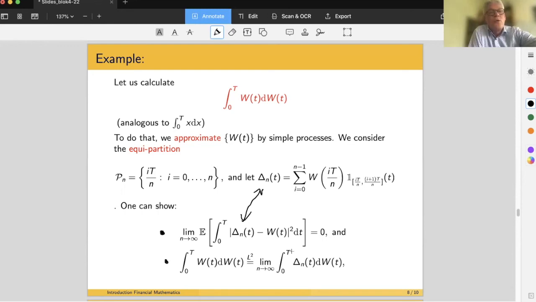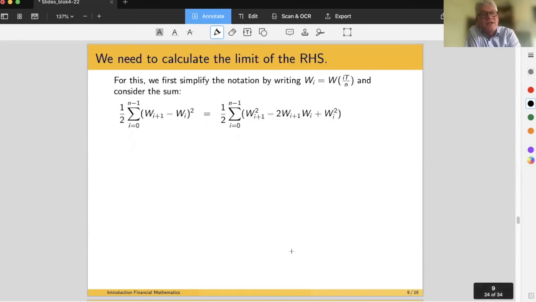And so in order to show that, we will write it out, but in order to make clear what is going on, I will start with a little different expression. We need to calculate the limit of the right-hand side, and for this we look at this special function over here. It is just a little bit more convenient to look at this function here, 1/2 the sum, i runs from 0 to n minus 1, (W_{i+1} minus W_i) squared.